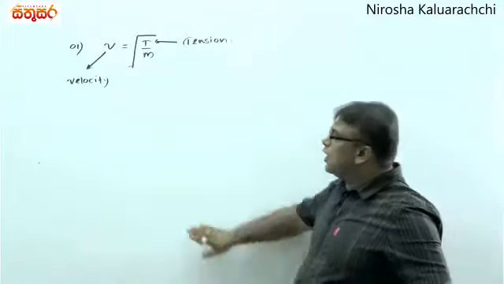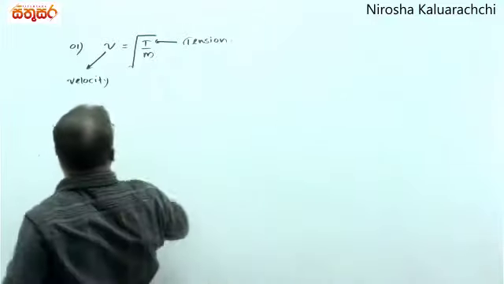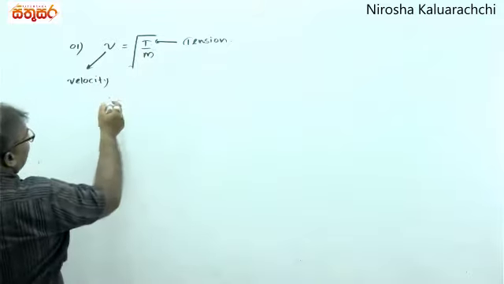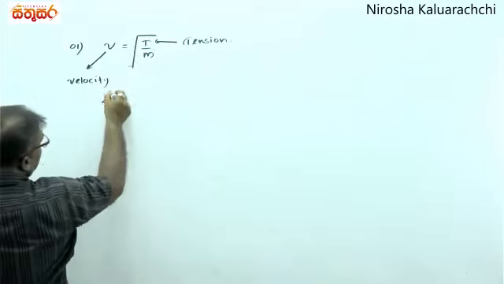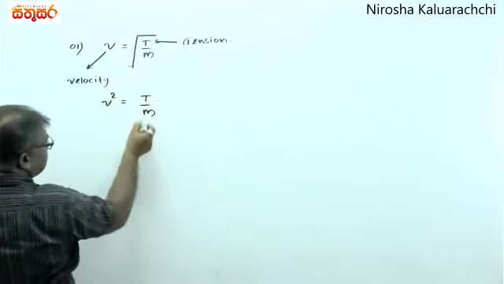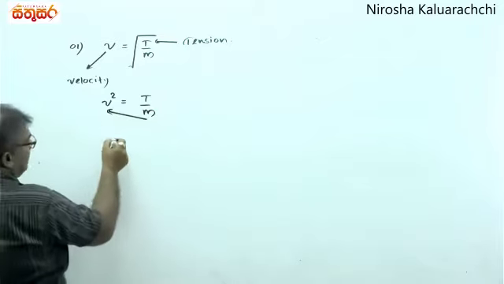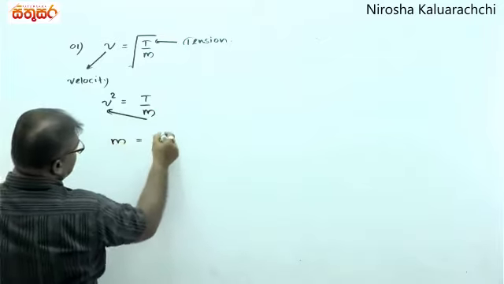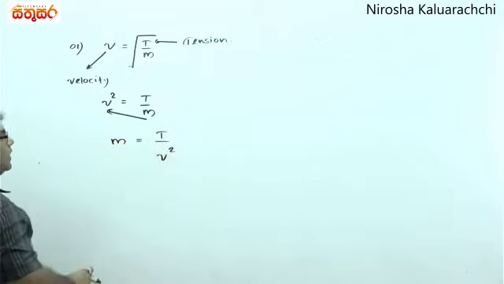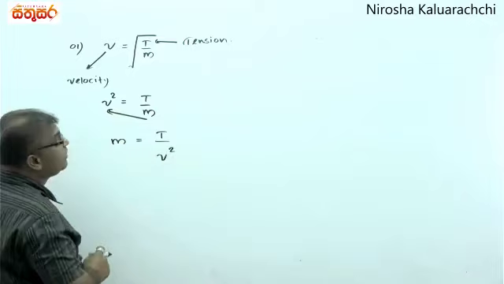Okay. You were asked to find M. Make M the subject first. M is trapped in the square root, no? Then square either side. V squared equals T over M. Take this one to this side. M is T over V squared. Now, today we are going to write using the dimensions, right?